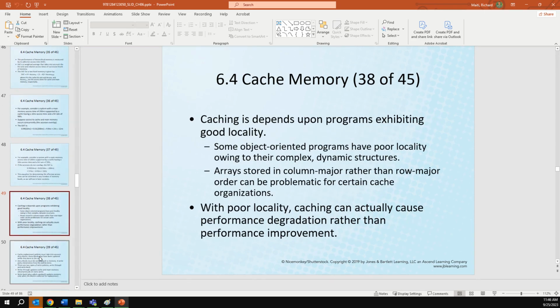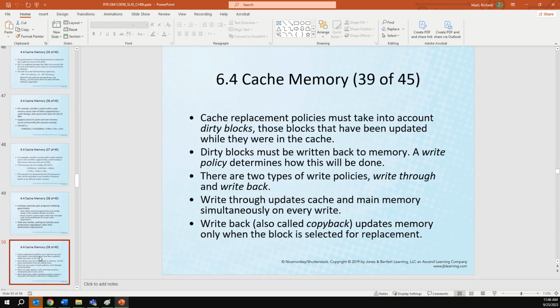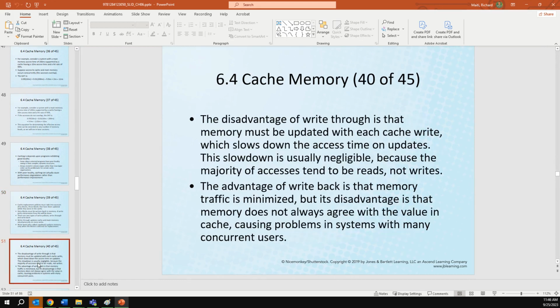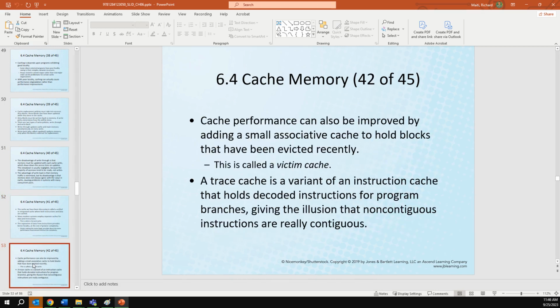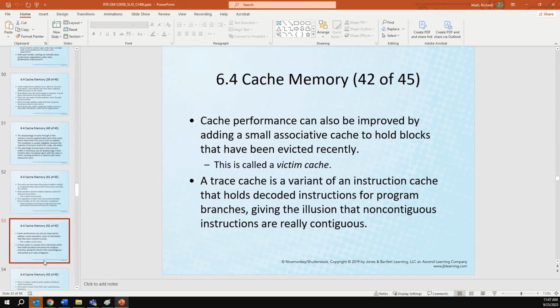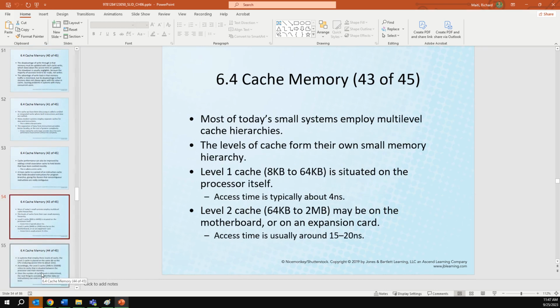So you can take a look at these examples. Talks about the disadvantages of this particular example. So how you can improve cache performance. So we're always concerned about performance.